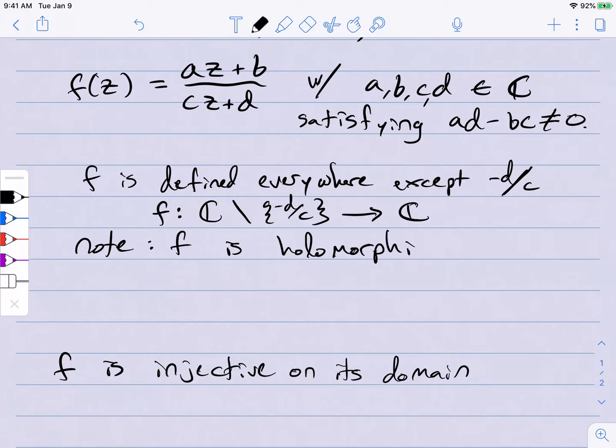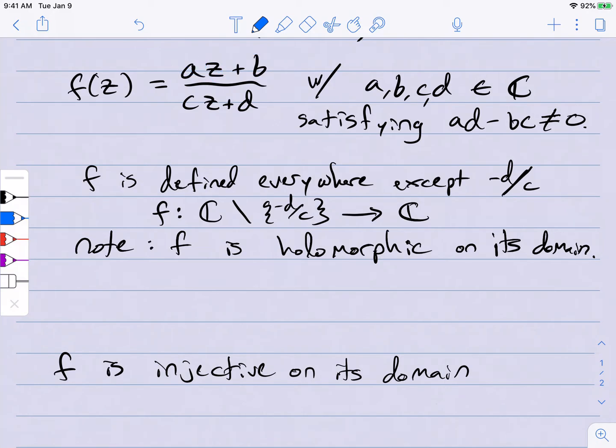So it's differentiable everywhere on its domain. Why is that? Well, it's a ratio of two linear functions, right? So we know that the identity function is holomorphic. We know that multiples of holomorphic functions are holomorphic. And then if I add a constant, that's still holomorphic.